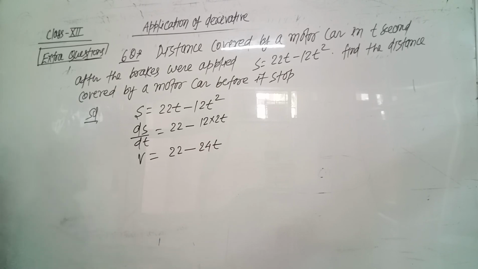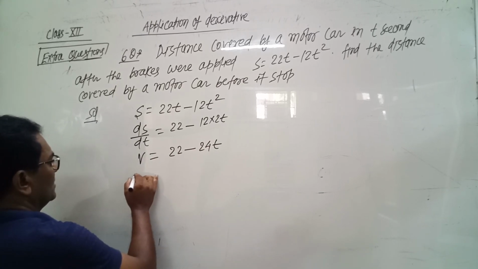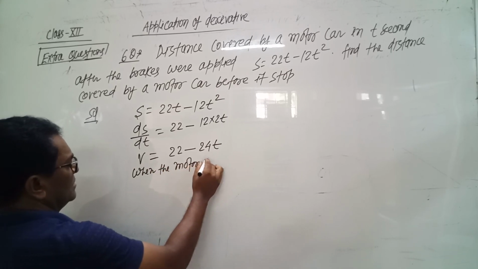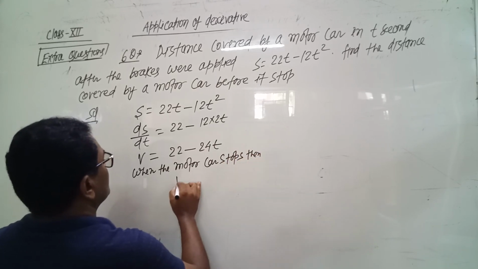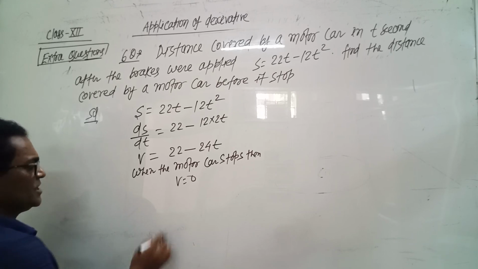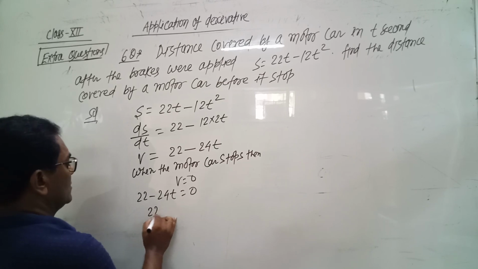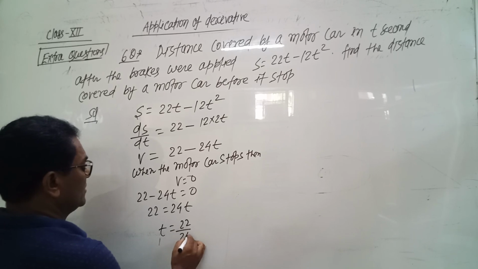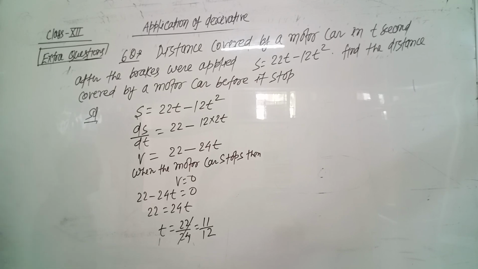When the motor car stops, then its velocity becomes 0. So make the velocity 0. So 22 minus 24t equals 0, and 22 equals 24t. And the value of t is 22 by 24, which is 11 by 12. This is the value of time.